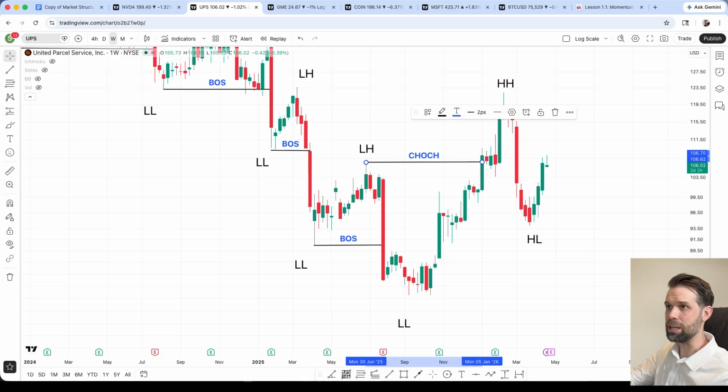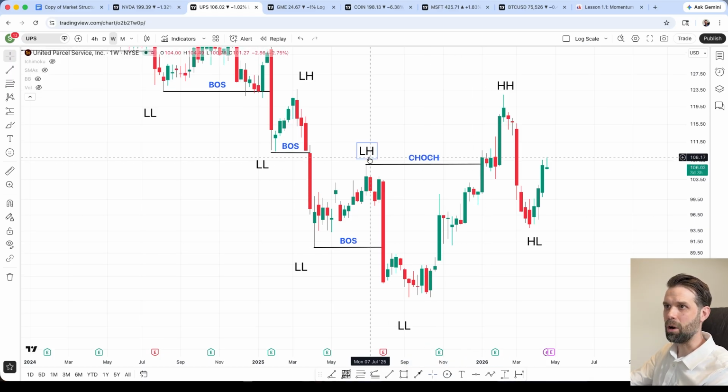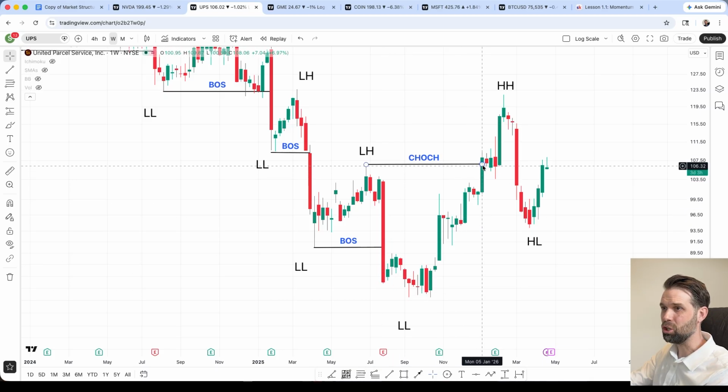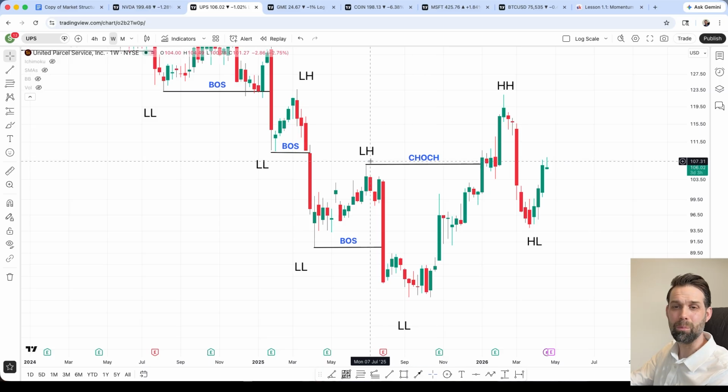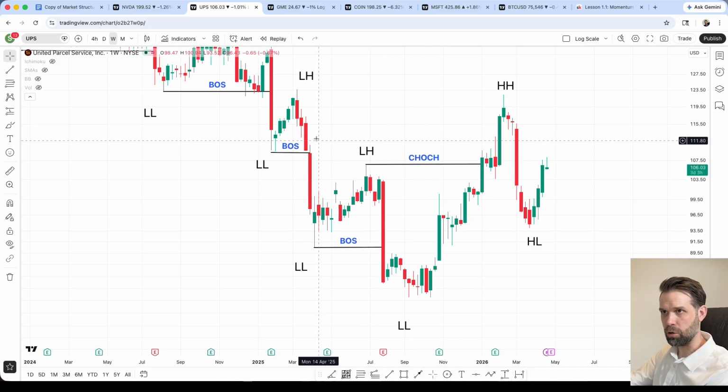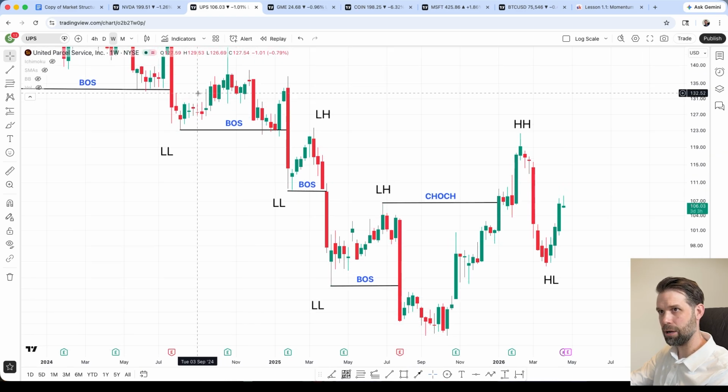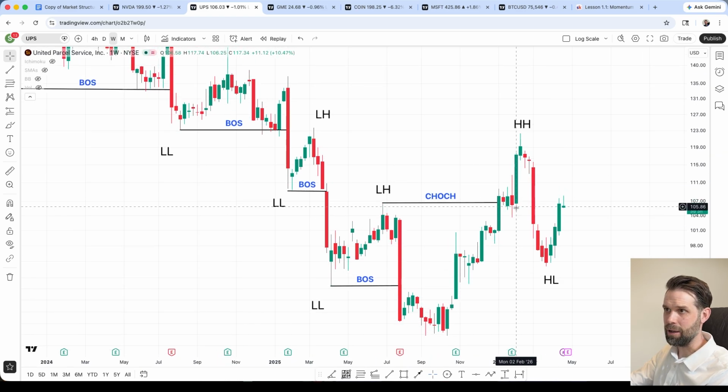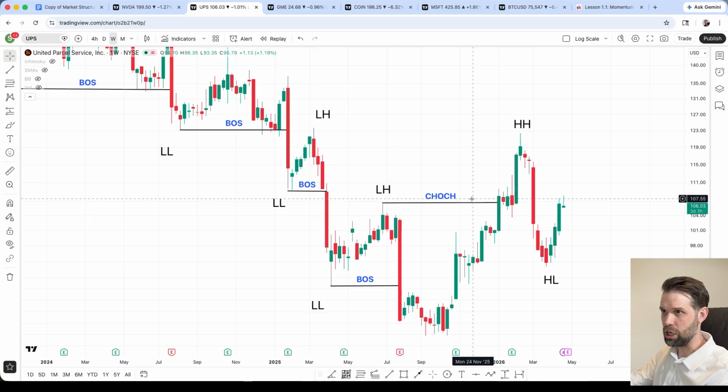We have a change of character. This is the market structure telling us that we are no longer making lower lows. We've actually closed candles above a prior lower high. That is a change of character. We are changing the character from a downtrend to potentially an uptrend. So we have a change of character.